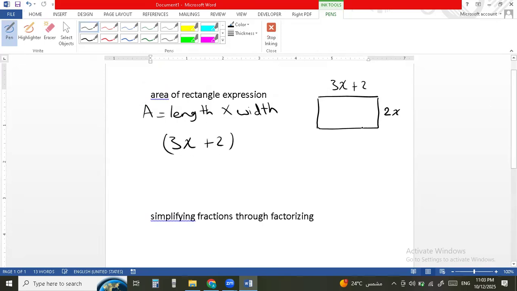I need to multiply by the width, which is 2x. Do I leave it this way? No, let's expand. 2x times 3x, 6x squared. 2x times positive 2, positive 4x. This is the expression for the area after the length by the width.